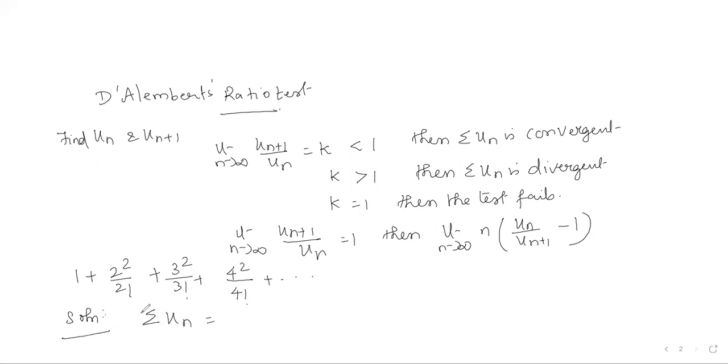So let us take sigma un as 1 can be written as 1 square by 1 factorial, so 2 square by 2 factorial, 3 square by 3 factorial plus etc. Now to find un and un plus 1, here un is equal to n square by n factorial. So un plus 1 is equal to n plus 1 the whole square by n plus 1 factorial.